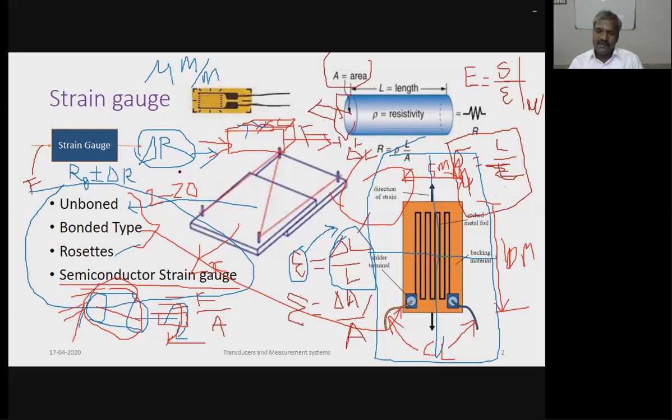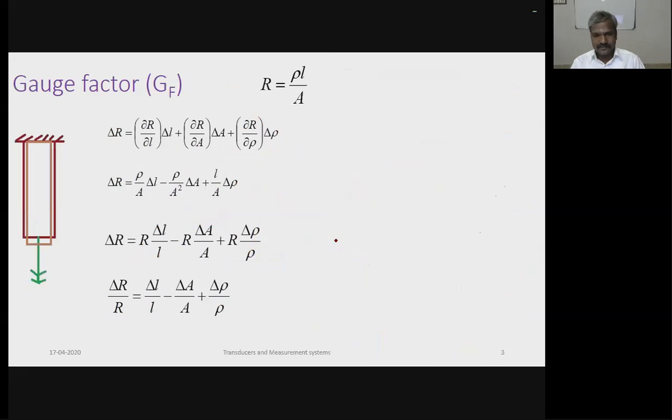So normally we use advanced alloy, which means constantan alloy, also called constantan or advance alloy. Then isoelastic and manganese. These are some famous alloys used to manufacture bonded or unbonded type strain gauges. Understand or not?